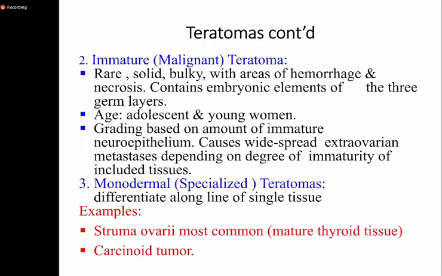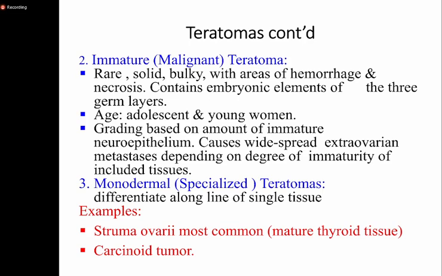The immature teratomas, which are always malignant, are more rare than the benign cystic teratomas. They tend to be solid, they are bulky with areas of hemorrhage and necrosis, and the reason why we call them immature is because they contain embryonic elements of all three germ layers. They tend to occur in adolescents and young women.